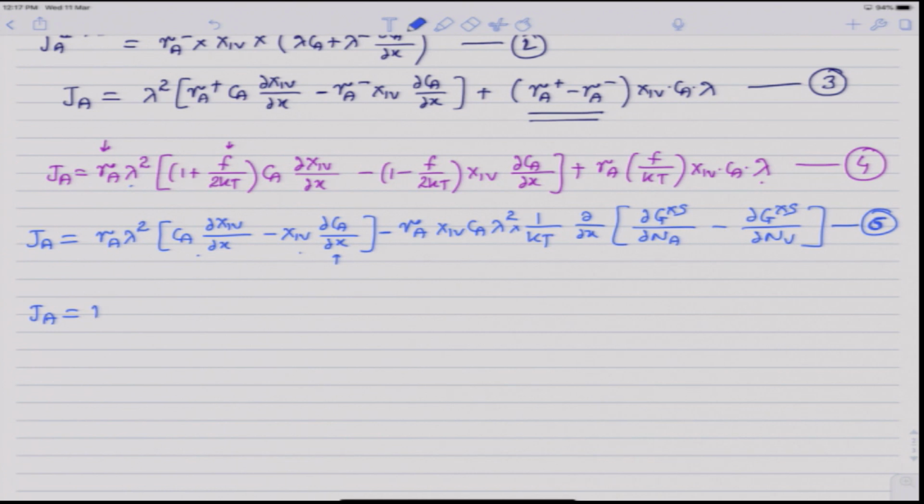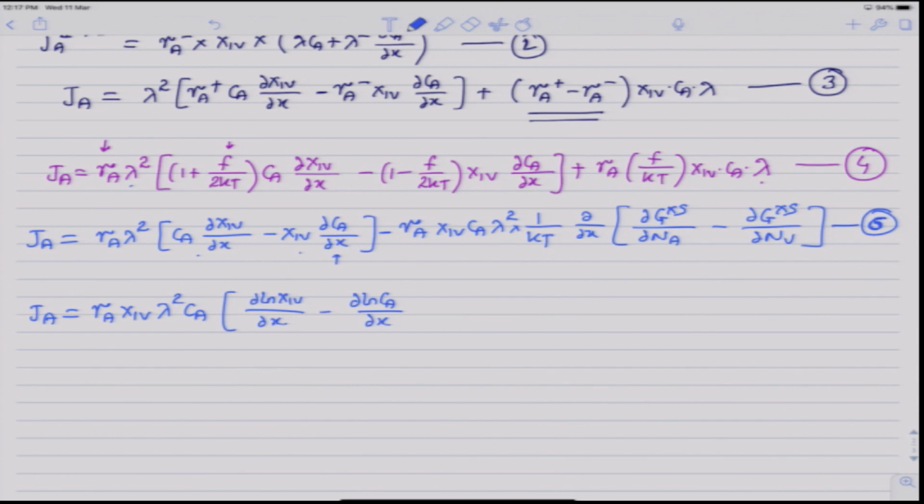We can denote it as gamma A times x1v lambda square Ca times dou ln x1v by dou x minus dou ln Ca by dou x.